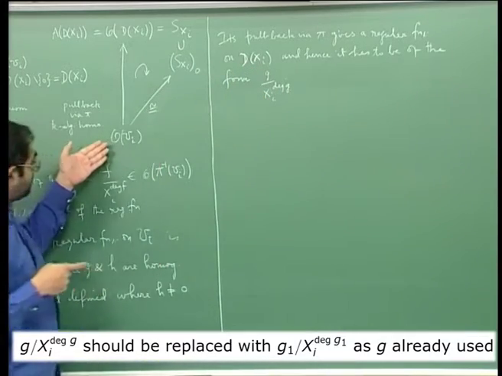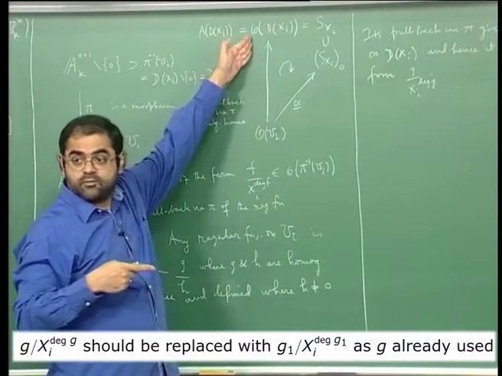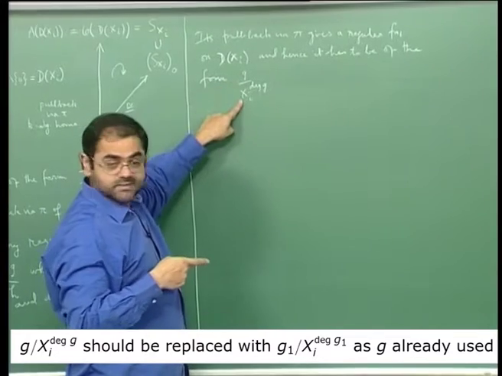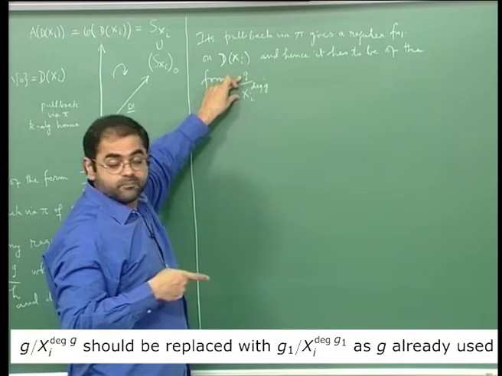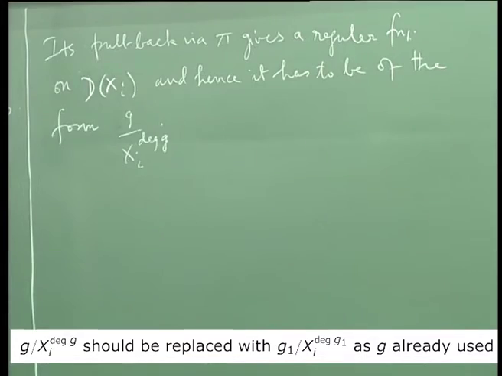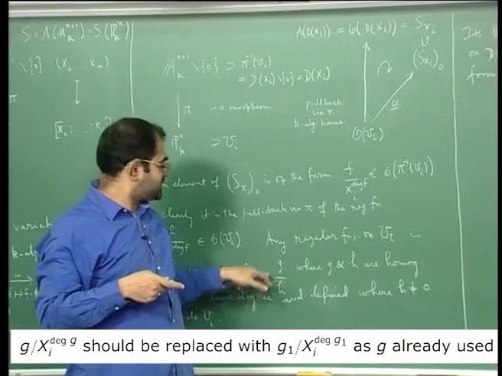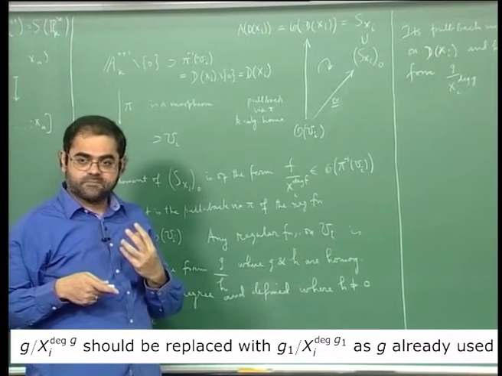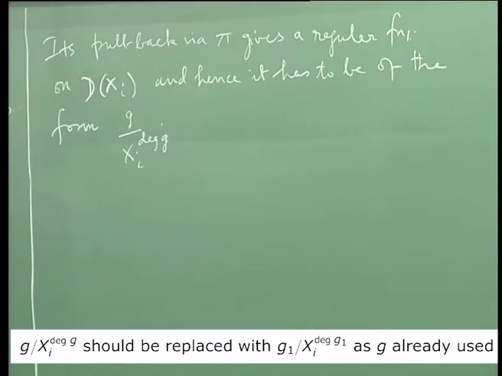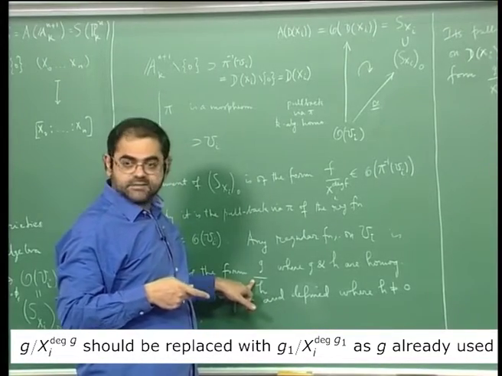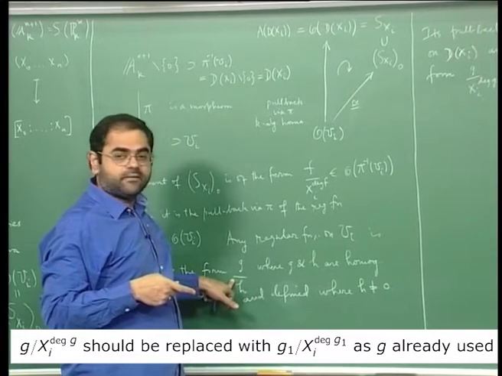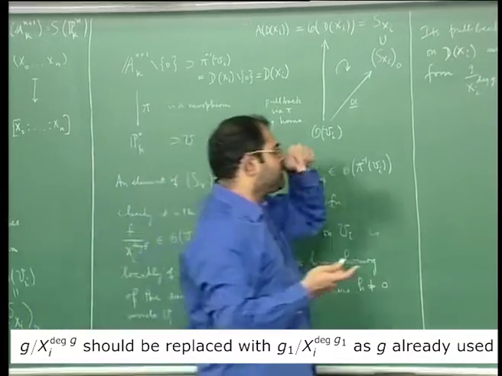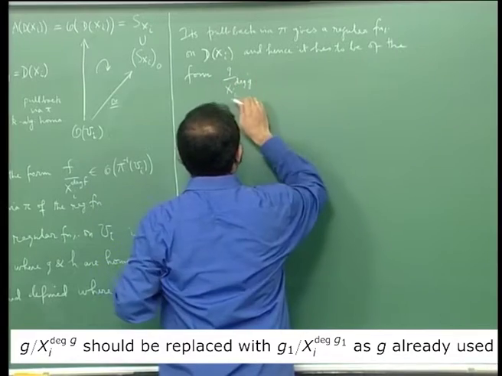Therefore, since I am pulling back a regular function from below, I will get a regular function above. The fact that it has come from below tells you that when I pull it back it has to look like this, and therefore this will also be the expression for the regular function below, because g by h is on some open subset, and this coincides with it on some open subset, and that will tell you that it has to coincide on the largest possible open set. So it has to be of this form.